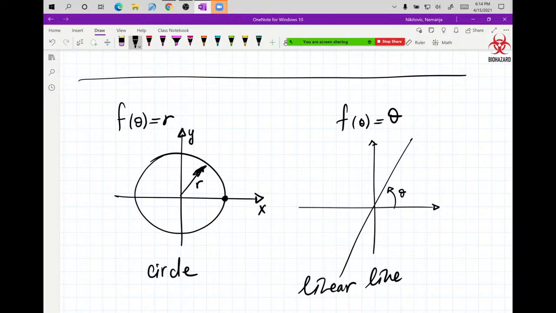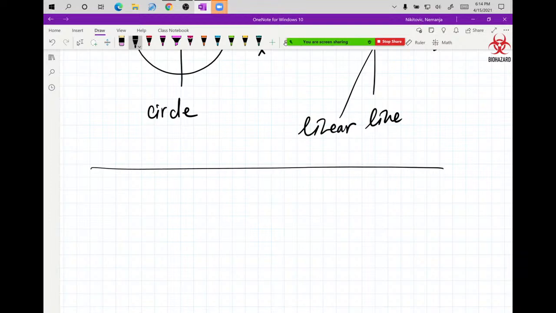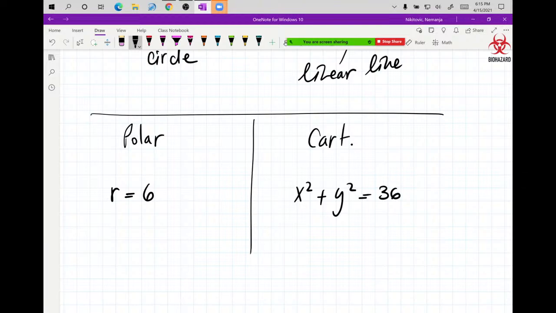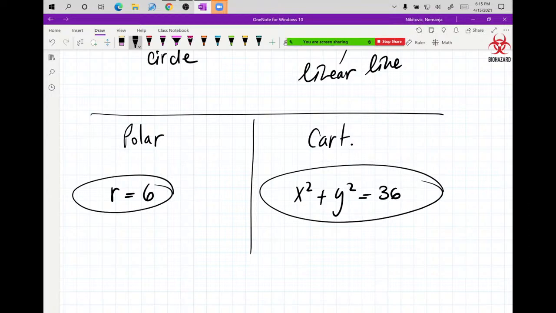It is really interesting to see, right, when you compare the two worlds, the polar world and the Cartesian world. So what do you have here? r equals 6 to come up with a circle. In the Cartesian world, x squared plus y squared equals 36. So which equation do you want to work with? Do you want to work with this, or do you want to work with this?